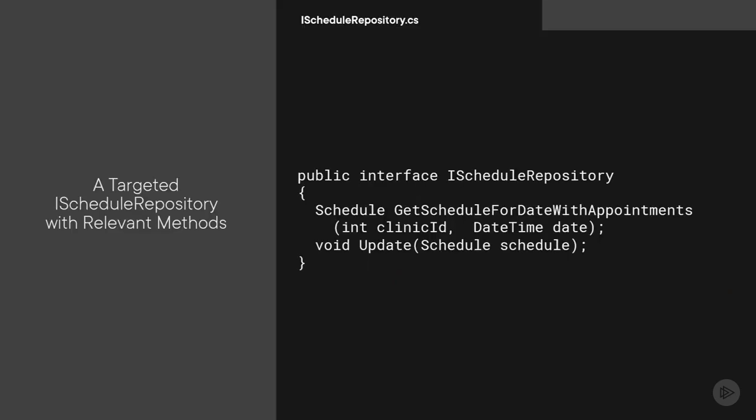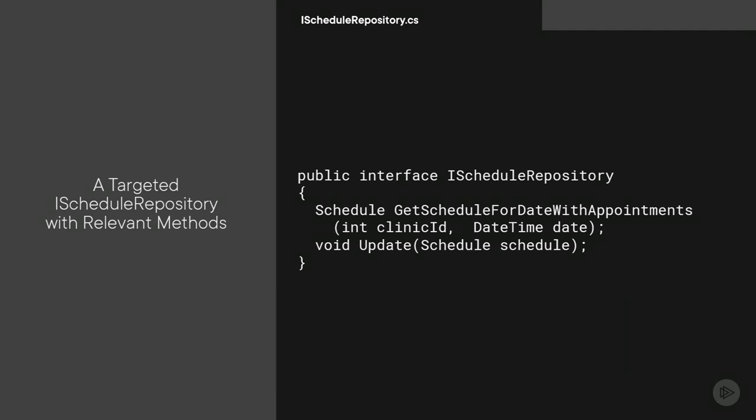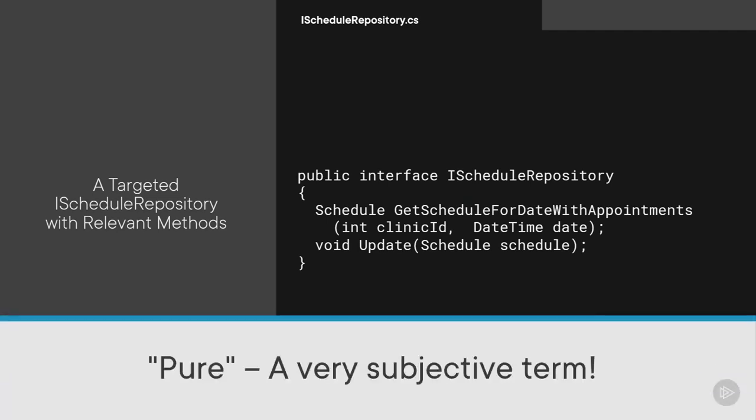If we didn't go that route, our model would need to include separate repository interfaces for each of the aggregates in our model, including schedule, doctor, room, client, and appointment type. Each would define only the operations that were actually needed by the application. For a larger model, this could result in quite a few interfaces and possibly implementations, but would provide a more pure representation of the domain model.